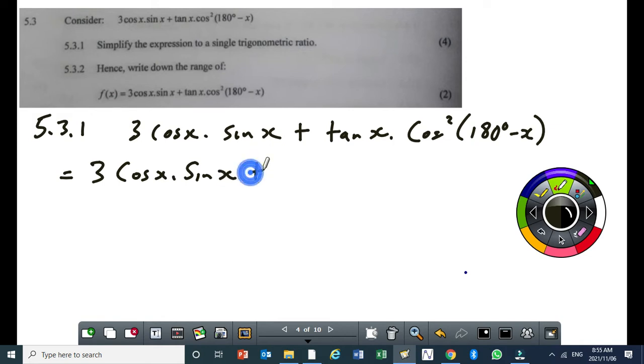Then you should know by now that tan x can be written as sine x over cos x. That's a fundamental identity. You have to know that tan x is equal to sine x over cos x. You can't come to school on Monday without knowing that tan is equal to sine over cos. Right?